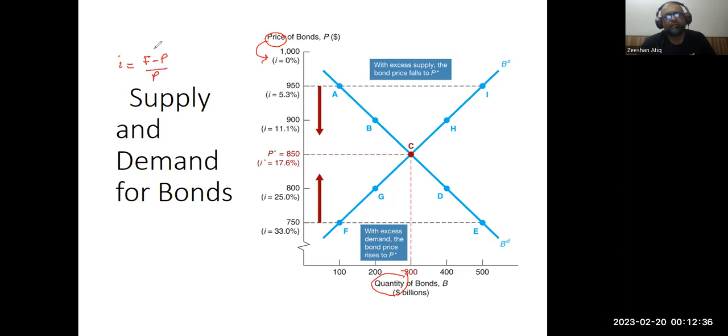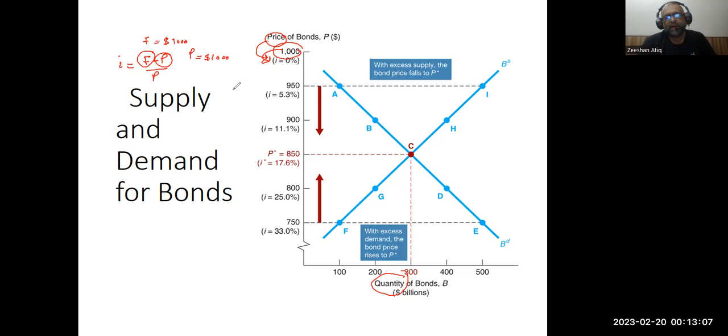For example, if the bond has a face value of $1,000, and the price of that bond is also $1,000, you can see what will happen with the interest rate. $1,000 minus $1,000 is equal to zero. So the corresponding interest rate at $1,000 is equal to zero.